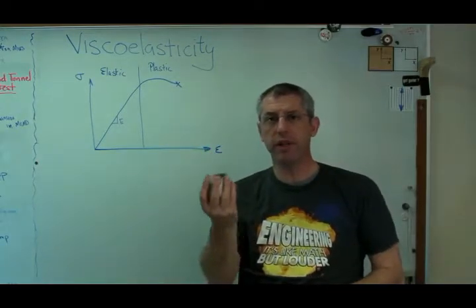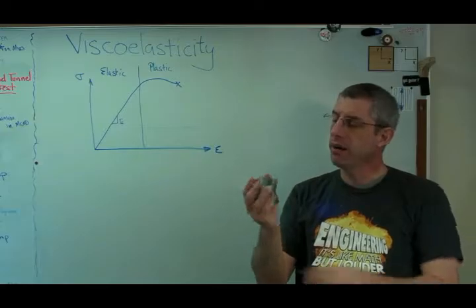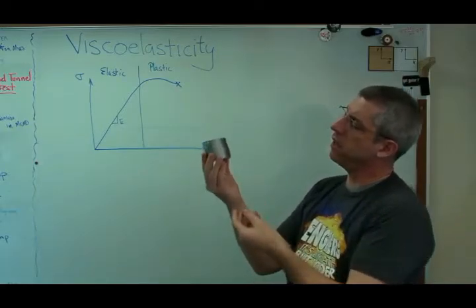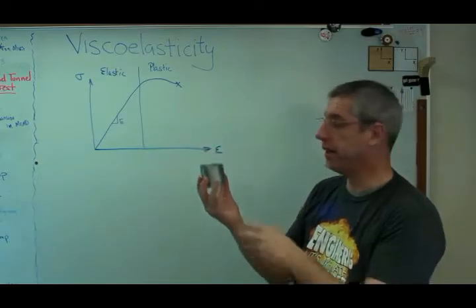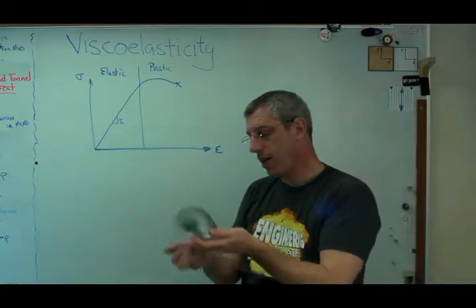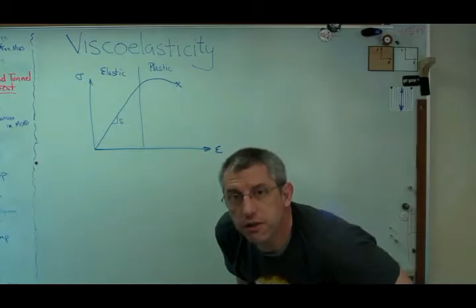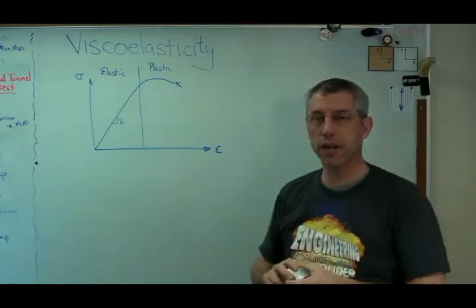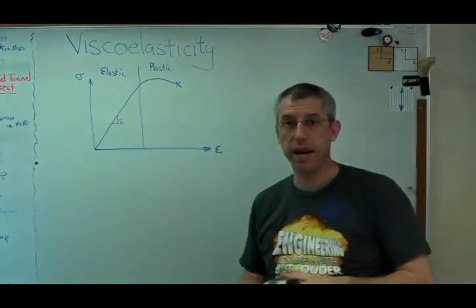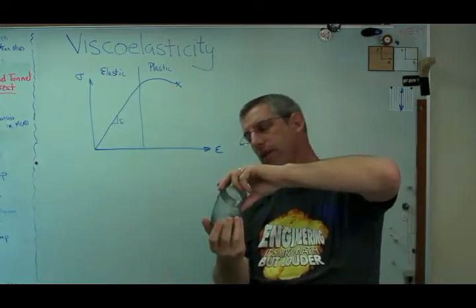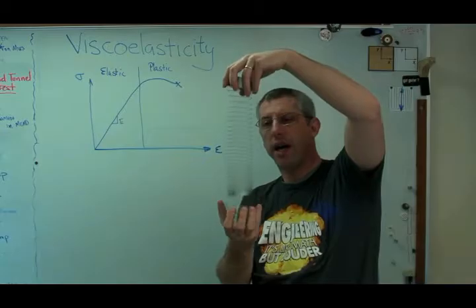Every little kid who has a slinky, for the first 5 minutes after it comes out of the box, it looks like this. Now, I'm a responsible adult, so mine still looks like this. But when I was a kid, you play with it like this, and the first thing you do is go boing, and you pull it out as far as you can. What kids figure out very quickly is they're going to exceed the elastic limit of whatever this metal is, maybe steel, I don't know what it is.